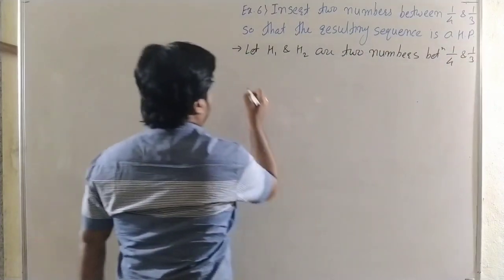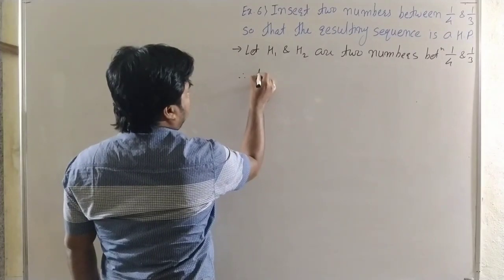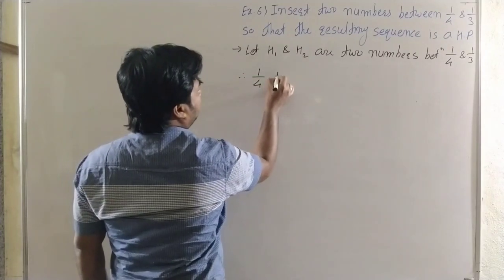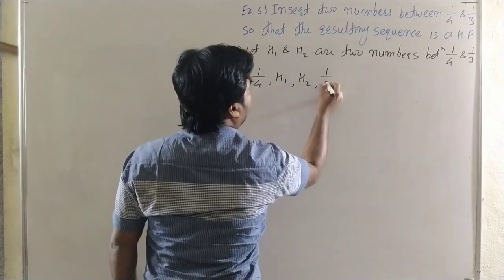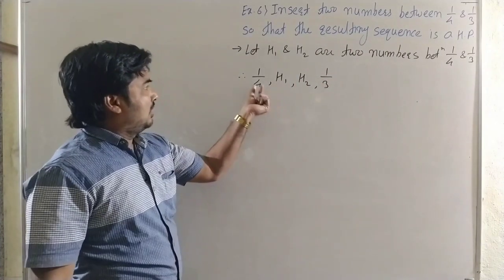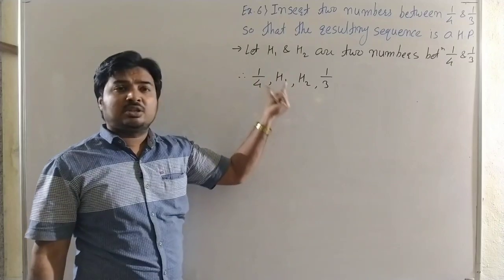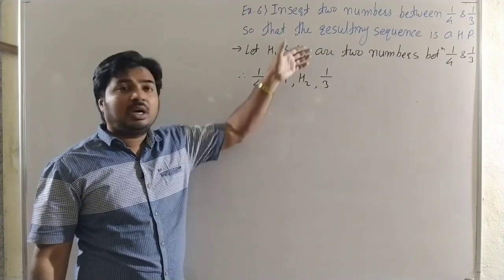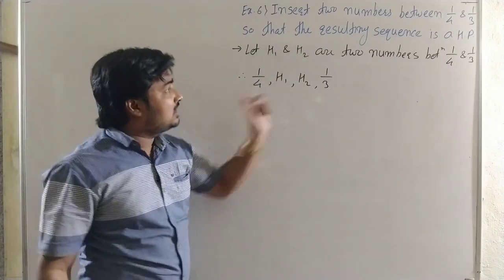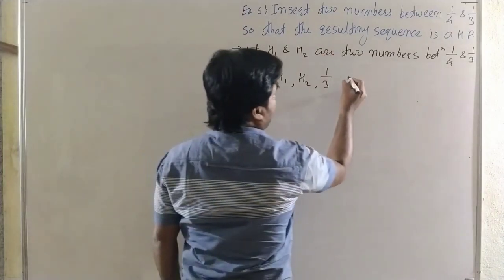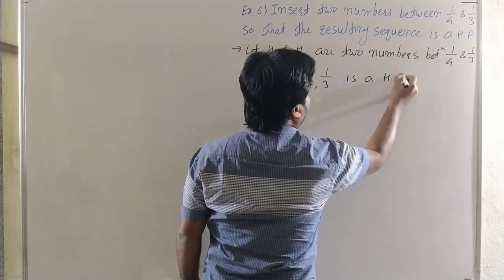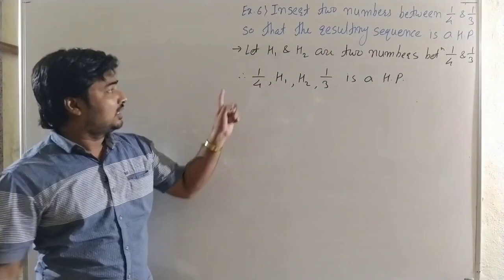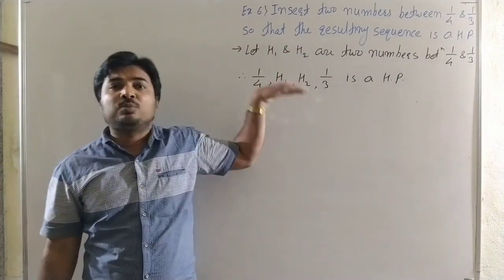Therefore, here it is 1 by 4, h1, h2 and 1 by 3. Here, we insert these two numbers h1 and h2 between 1 by 4 and 1 by 3. Then this sequence is a harmonic progression. See carefully this. This sequence is a harmonic progression.